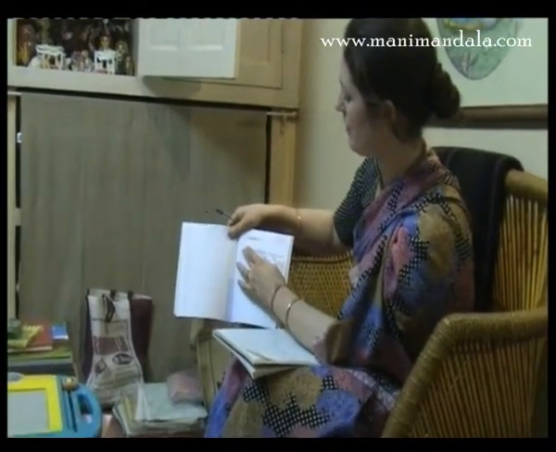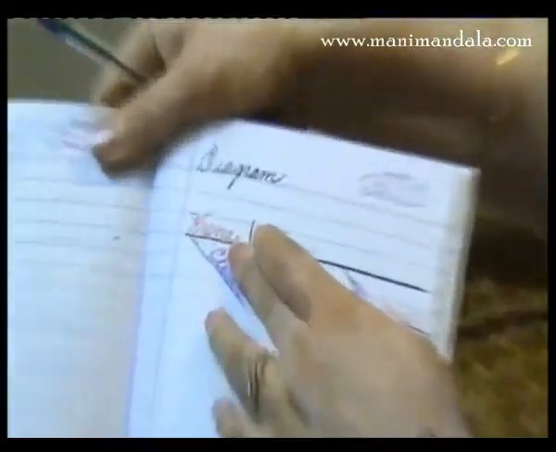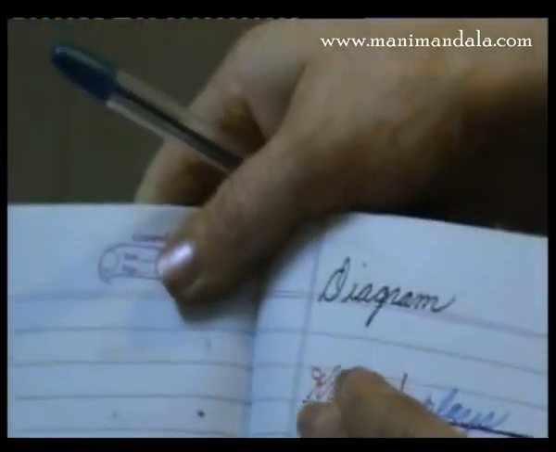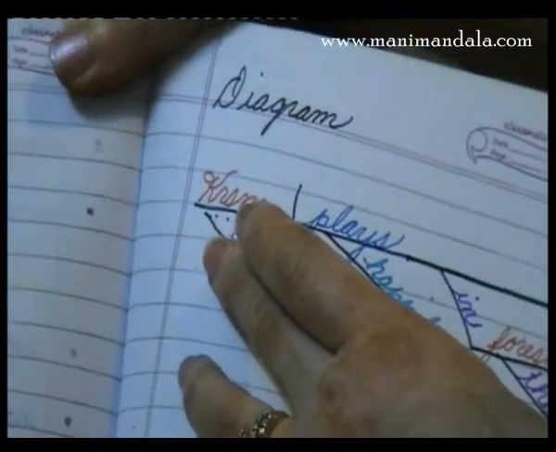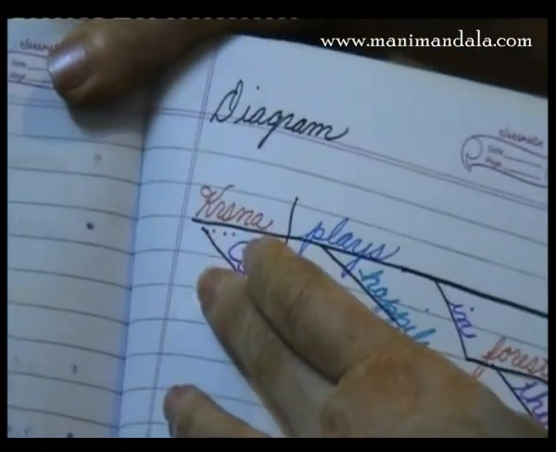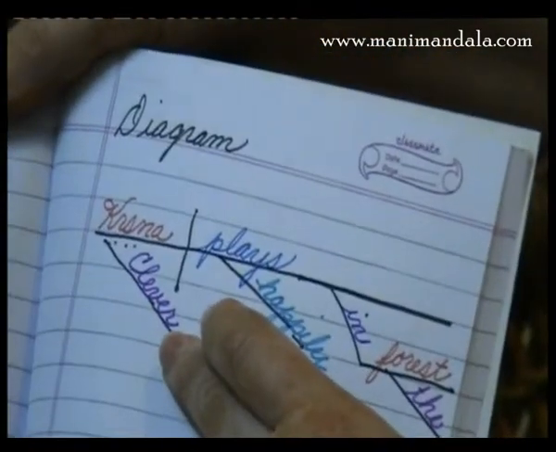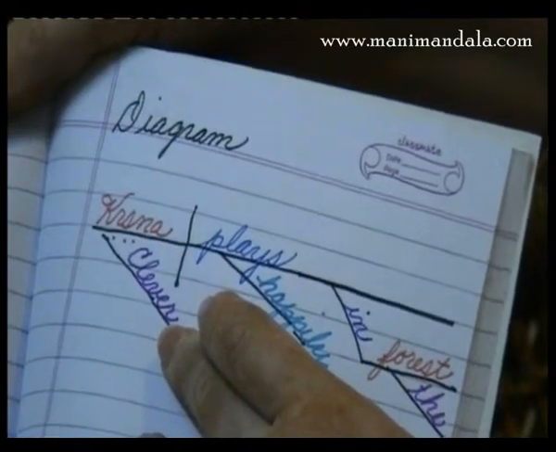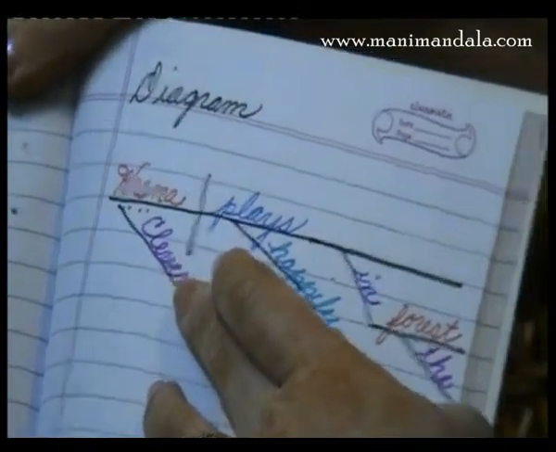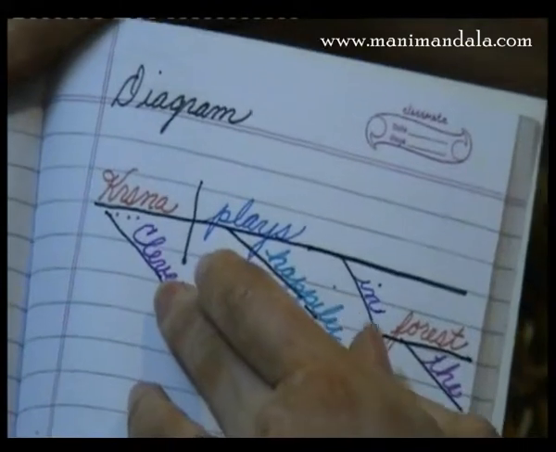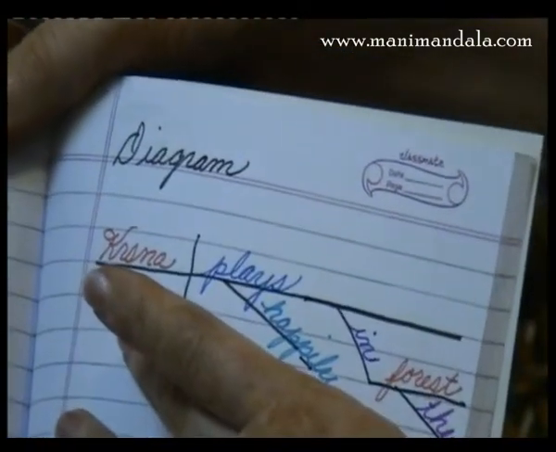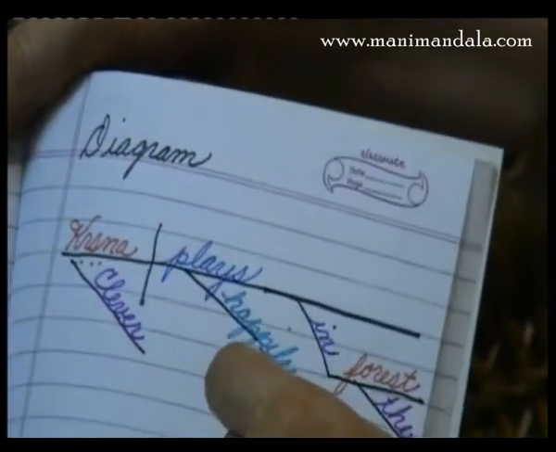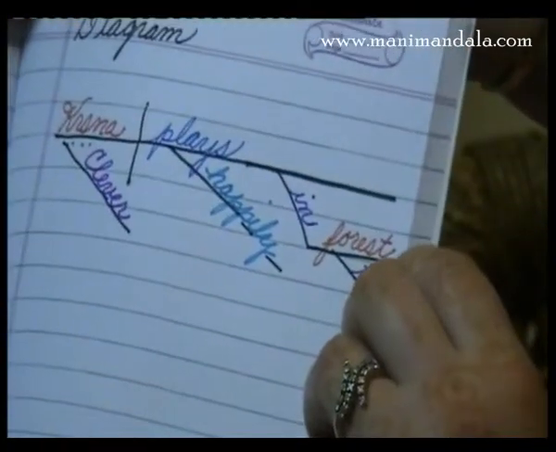We know instantly that red is for nouns, so Krishna must be a noun. If we want to know more about Krishna, we can see he is clever, which is pink. This is an adjective, describing the noun, the subject, Krishna. We have another adjective down here.